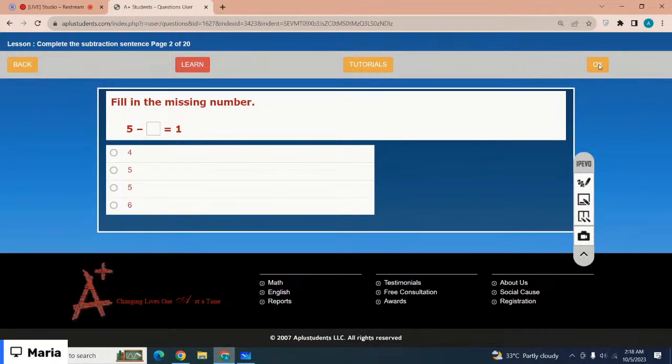Fill in the missing number. 5 take away missing number equals 1. So which number is missing? You are given the options, or you can use the subtraction fact, right?